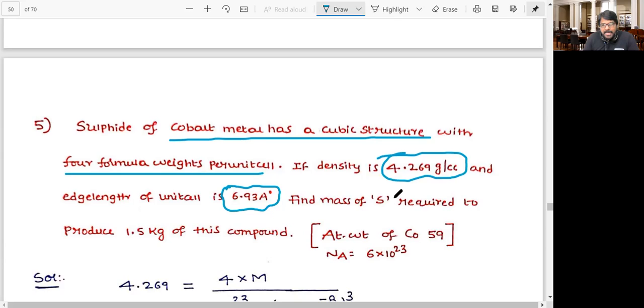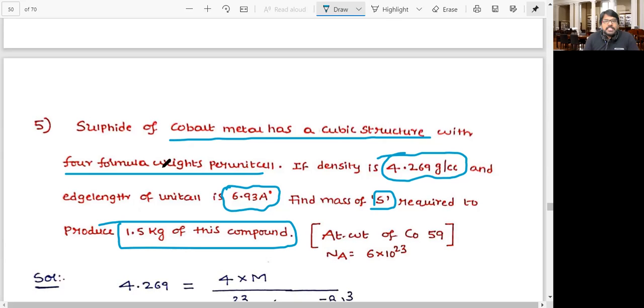Find the mass of sulfur required to produce 1.5 kg of this compound. We don't know the formula of the compound, but he is asking us to calculate the mass of sulfur required to produce 1.5 kg of that compound.